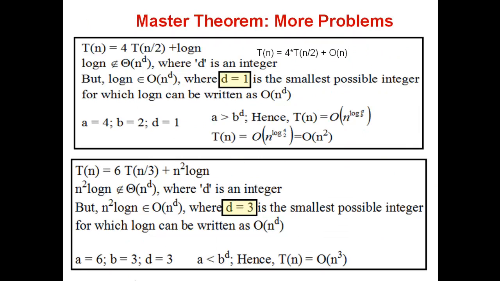So a is 4, b is 2, n raised to log 4 to the base 2 is 2 times log 2 to the base 2, which is 2. So it's big O of n square is the overall time complexity.